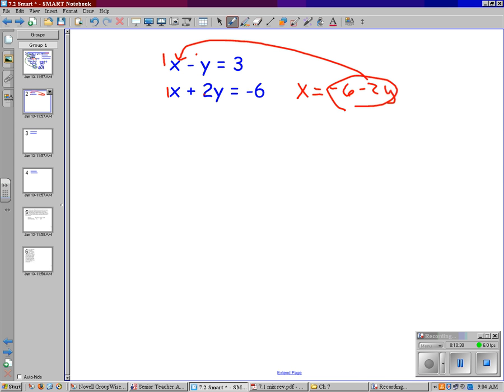It doesn't matter which one I solve for. I always substitute into the other equation. Anybody got a preference on which variable and which equation we solve for? Adam? Solve for x in the top. Solve for x in the top equation is what Adam wants to do.